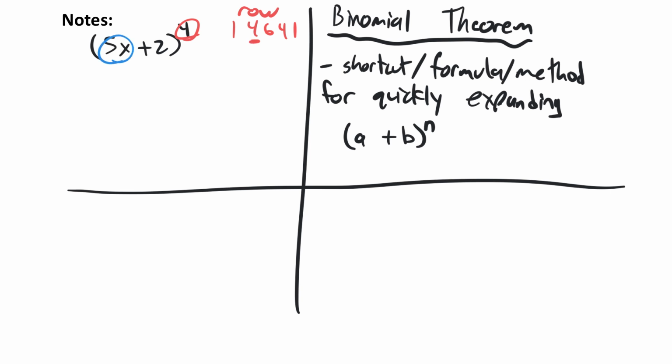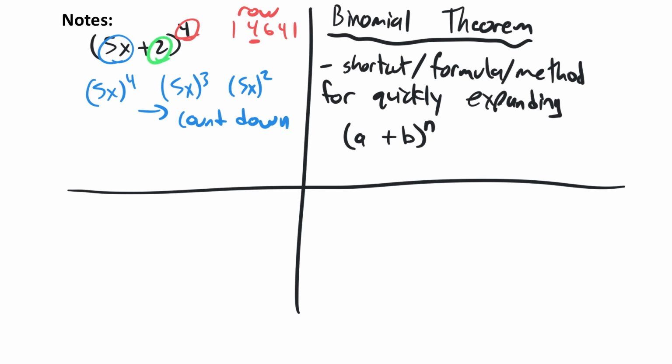For the 5x, it means we're going to have 5x to the 4, 5x to the 3, 5x to the 2. So these are counting down. Then for the 2, we're going to have 2 to the 0, 2 to the 1, 2 to the 2, 2 to the 3. These are counting up. And then in the end, you have to combine everything.